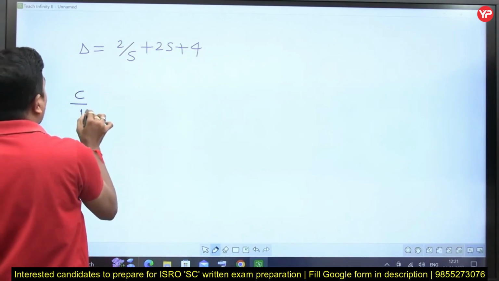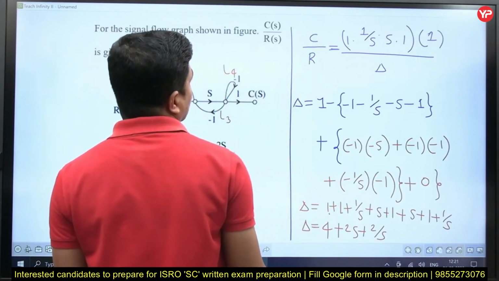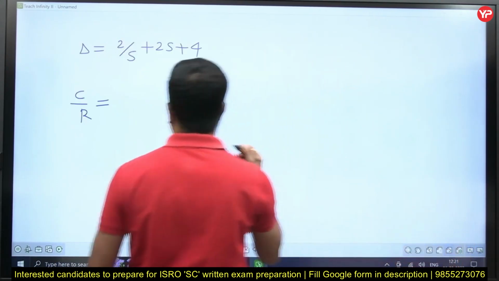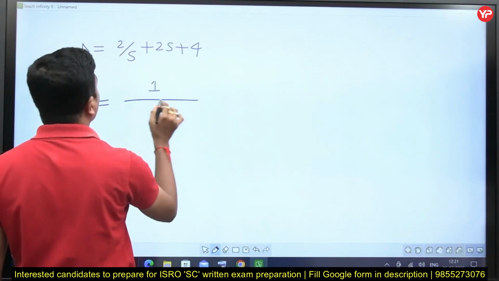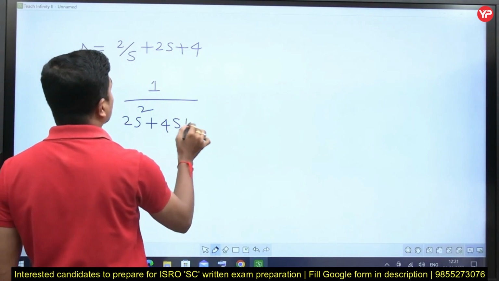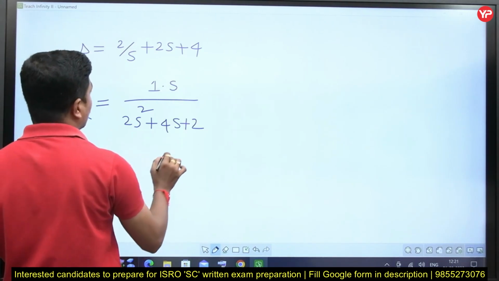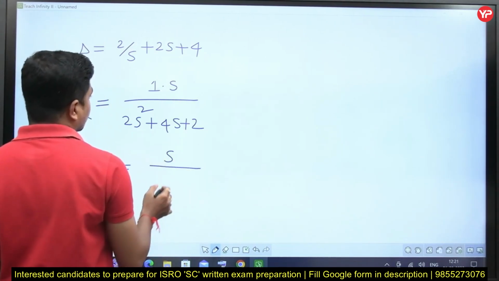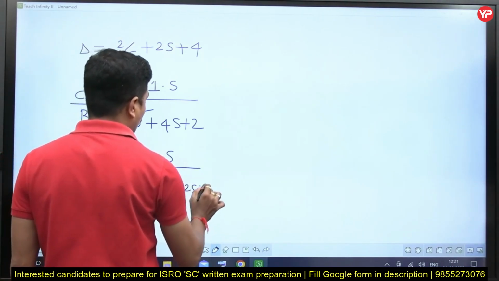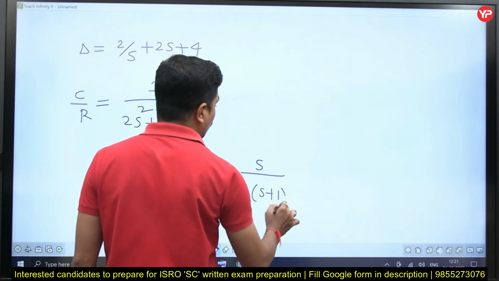So C by R is equal to, the 1 by S gone, we are left with 1 by delta, that is 1 by S into (2S square plus 4S plus 2). This S will come here. Then C by R is equal to S by, if I take 2 common, (S square plus 2S plus 1), that is equal to S by 2 into (S plus 1) whole square.